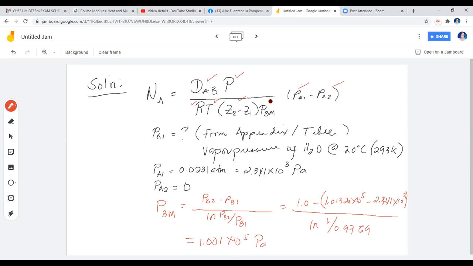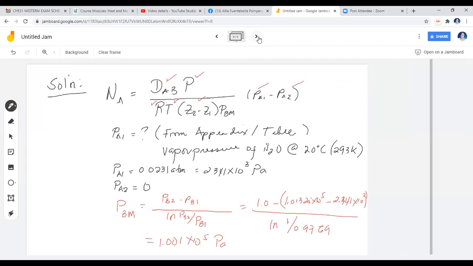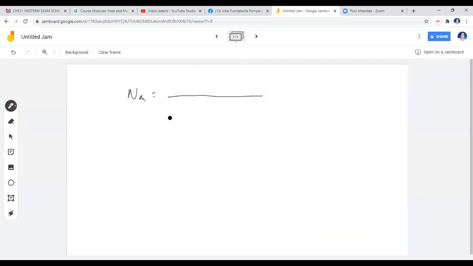Now having this, all you have to do is substitute it in here and you have already the flux. So you have NA equal to, if we go back to the previous, DAB. Your DAB will depend on the kind of units that you want reflected on the flux. Let's say we'll start with the SI set of units.